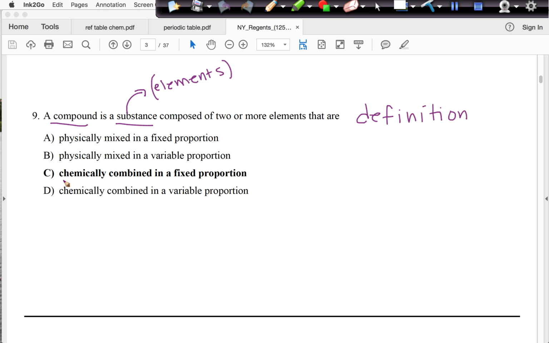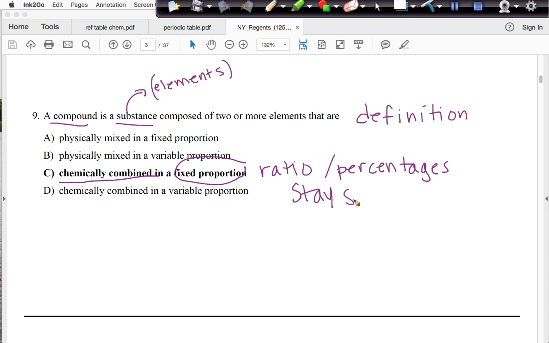And compounds have to be chemically combined. We also know that compounds are in a fixed proportion. That means that the ratio and the percentages stay the same. If we change the ratio or we change the percentage, we change the kind of a compound that we have.